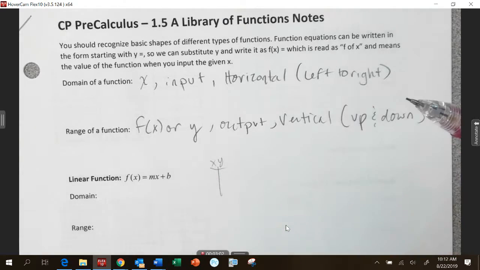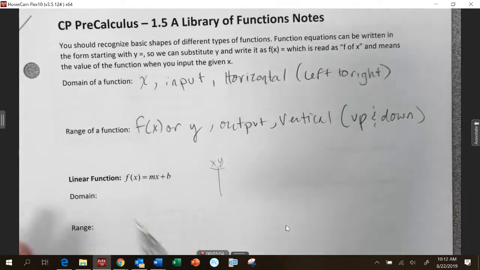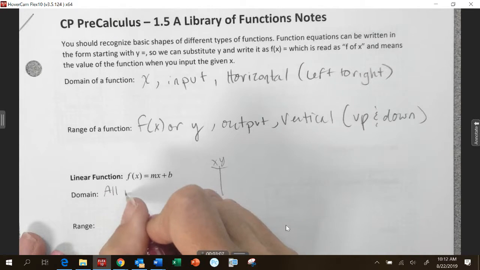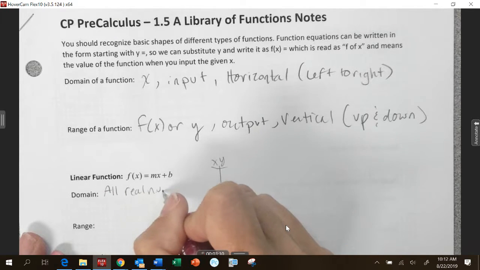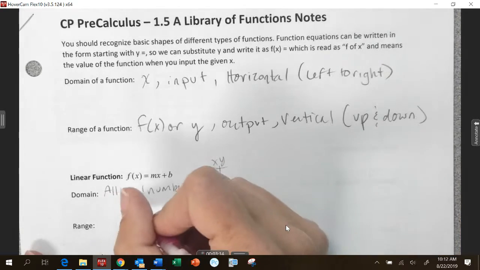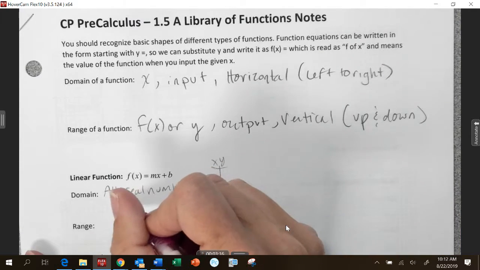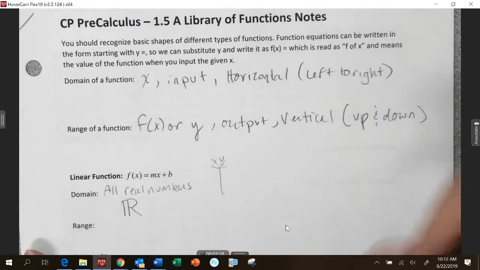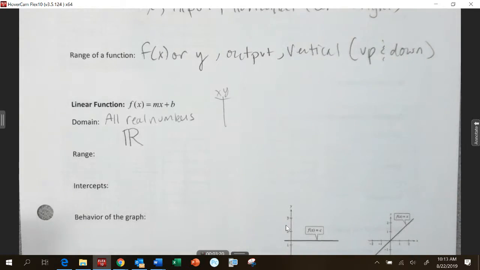All real numbers. So we can either write the words all real numbers, or you can use the symbol, which is an R with a fancy double staff. Either of those would be fine. I'm going to use the symbol because it's available.